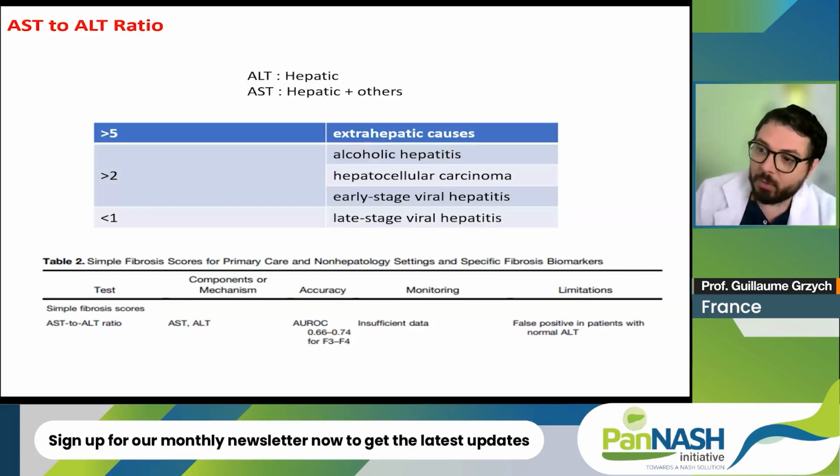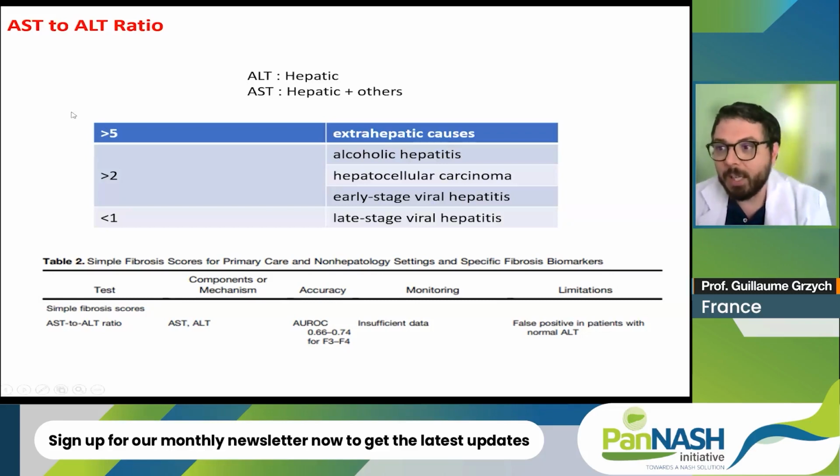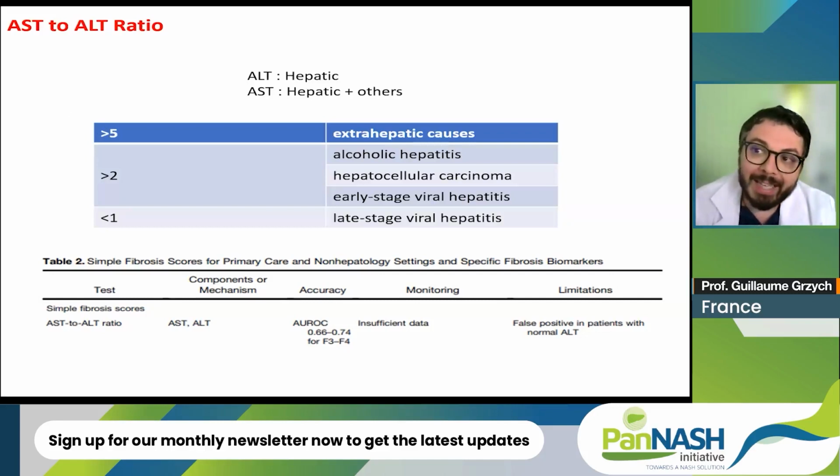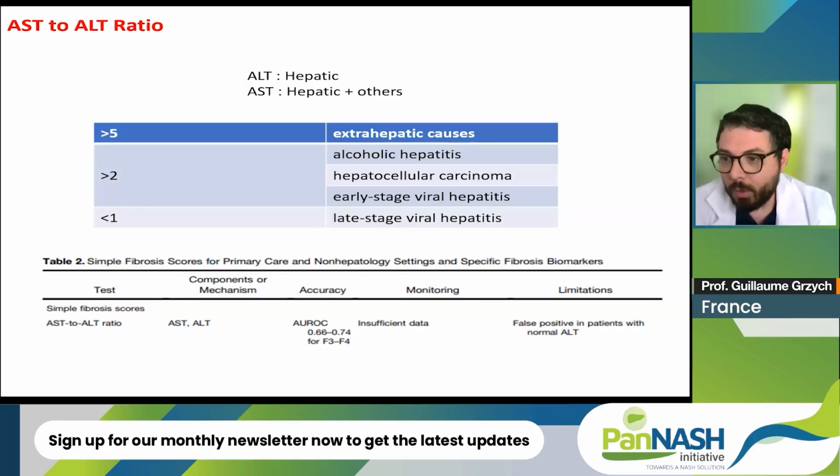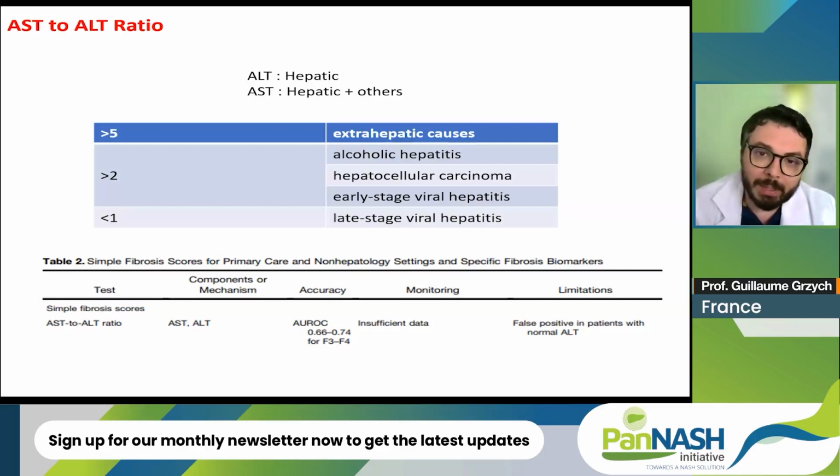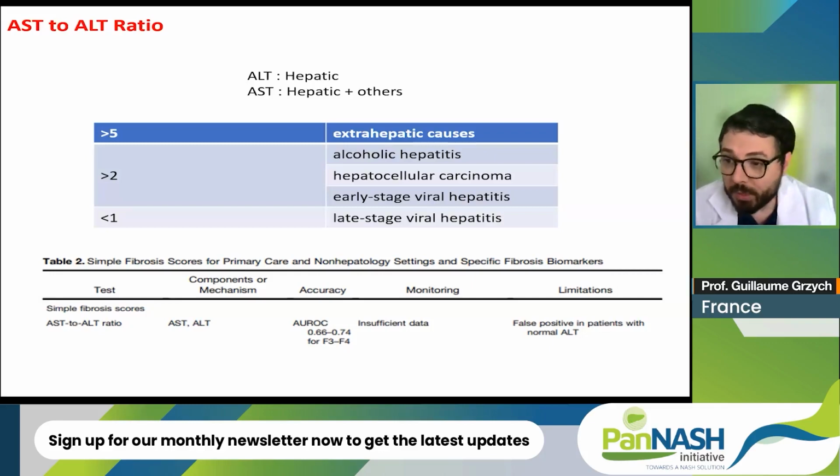If you have, as you can see here, a very high ratio, it is related to an extrahepatic cause, because here the AST is much higher than the ALT. So ALT is secondary maybe, and you have to look for another cause. When you have a score around 2, it could be related to hepatitis, maybe NAFLD or fibrosis.